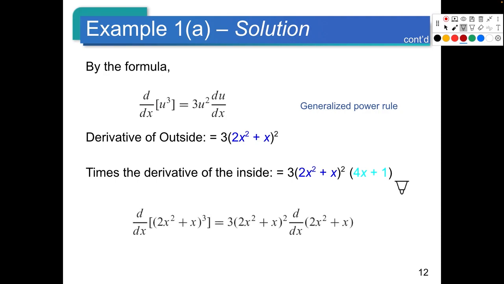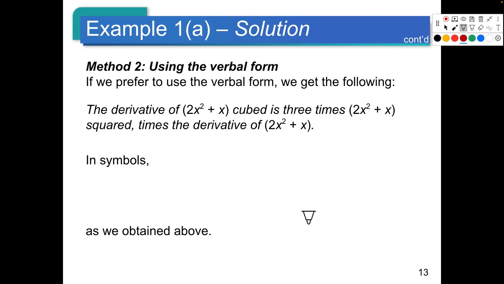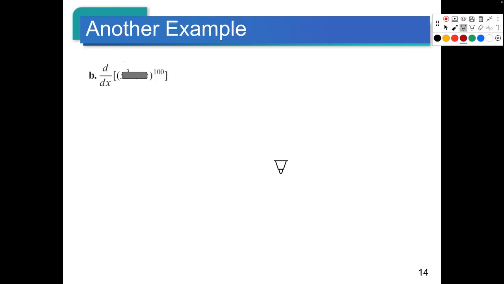And they use some notation here, and they basically did the same thing. They got the outside here, and they said, okay, now take the derivative of the inside, and then they finally do it. They've got a verbal form. The derivative of this cubed is 3 times that thing squared, right? Subtracting 1, times the derivative of the inside. So again, just the same thing, multiple ways. And that's because I find sometimes one thing will click.